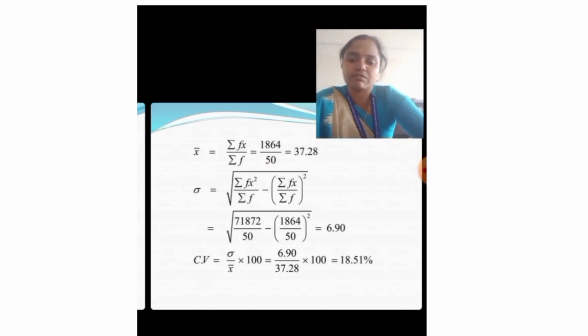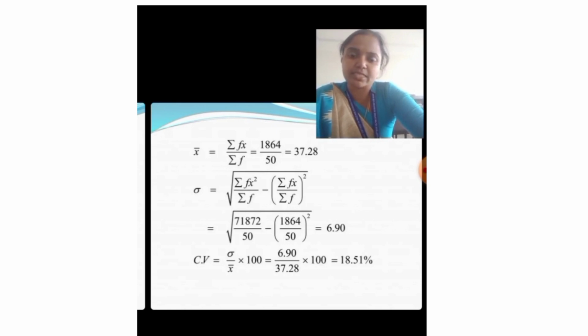Then finally we find the mean, standard deviation and coefficient of variation. For the mean, in the continuous case the formula is summation fx divided by summation f, that is 1864 divided by 50, we get 37.28.